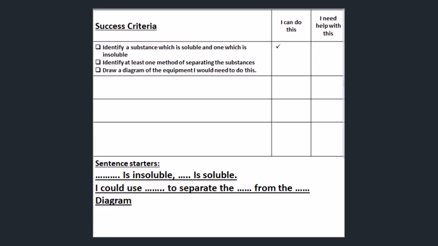That would be for the first criterion. The next one, I could use something, for example filtration, to separate the mud from the water and ink. And then a diagram, which I'll show you some diagrams and you'll be able to make your own versions of them.